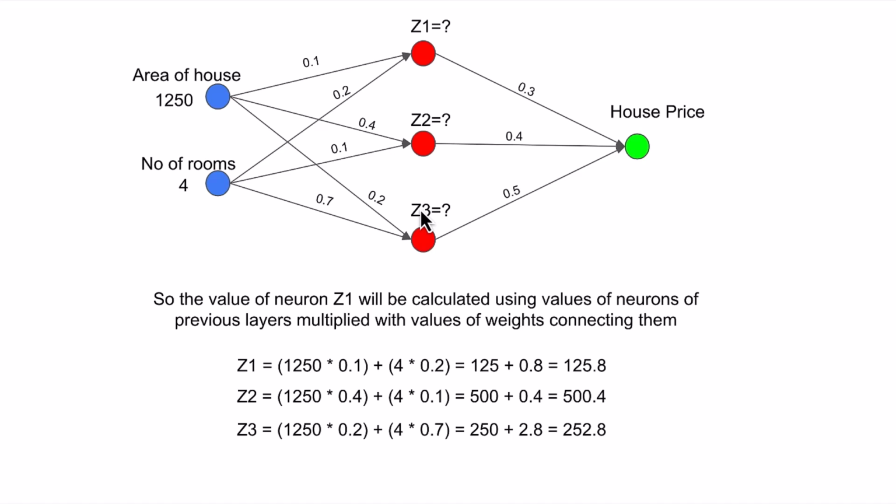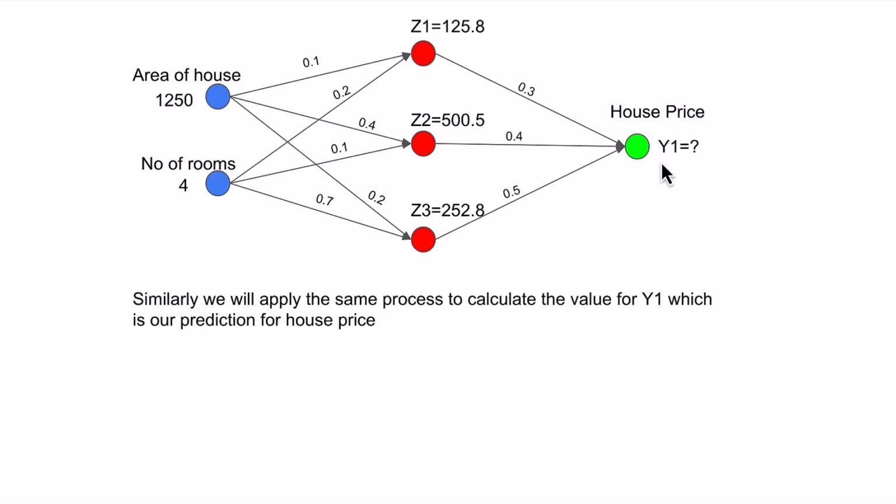So to calculate the value of a neuron, we use the values of neurons in the previous layer and the weights joining them. And now after finding these values for Z1, Z2 and Z3, the next step is finding the value for this green neuron, the neuron of our output layer. Let's name this neuron Y1.